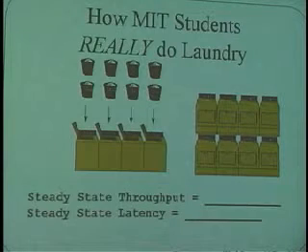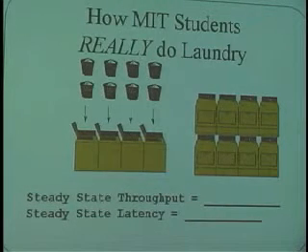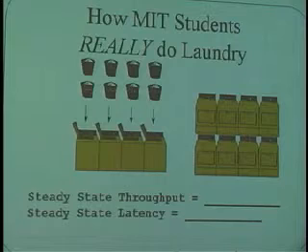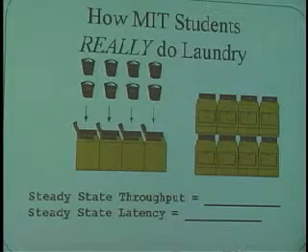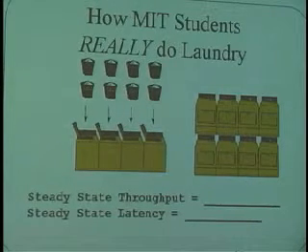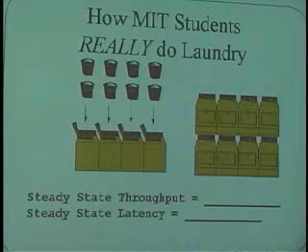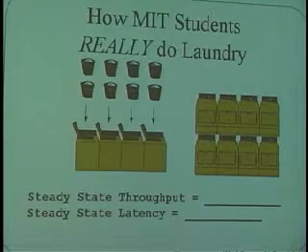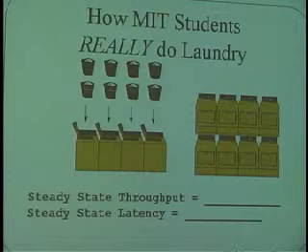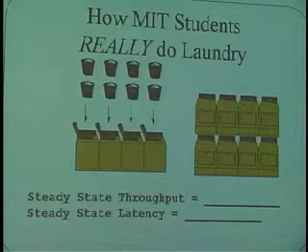Okay, now this gets to the blocking question. What if I gather all my laundry together all at once and put it away all at once? The way MIT students actually do laundry, and I'm sure none of you do it this way, is that they wait for a long, long time.